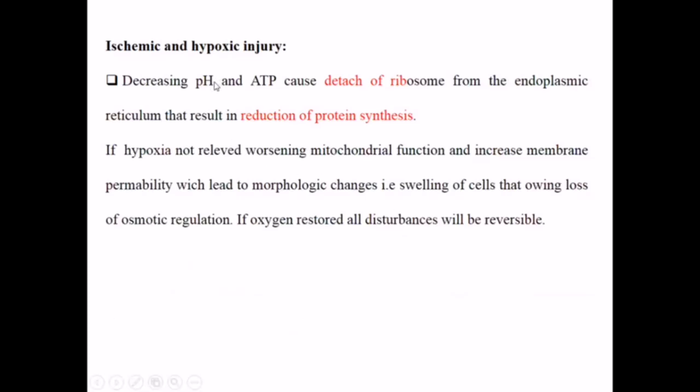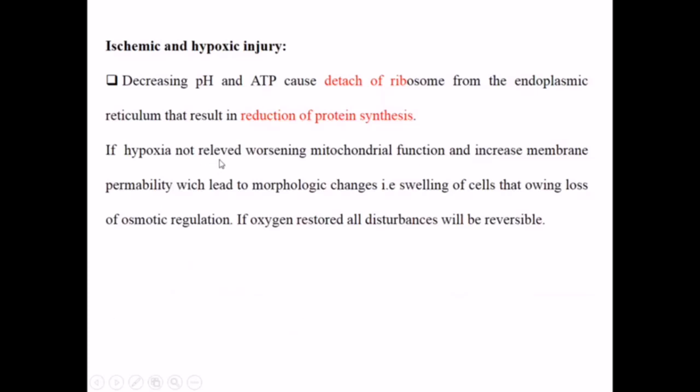Also, the decrease in pH and ATP causes detachment of ribosomes from the rough endoplasmic reticulum, which is important in protein synthesis. This leads to reduction of protein synthesis.